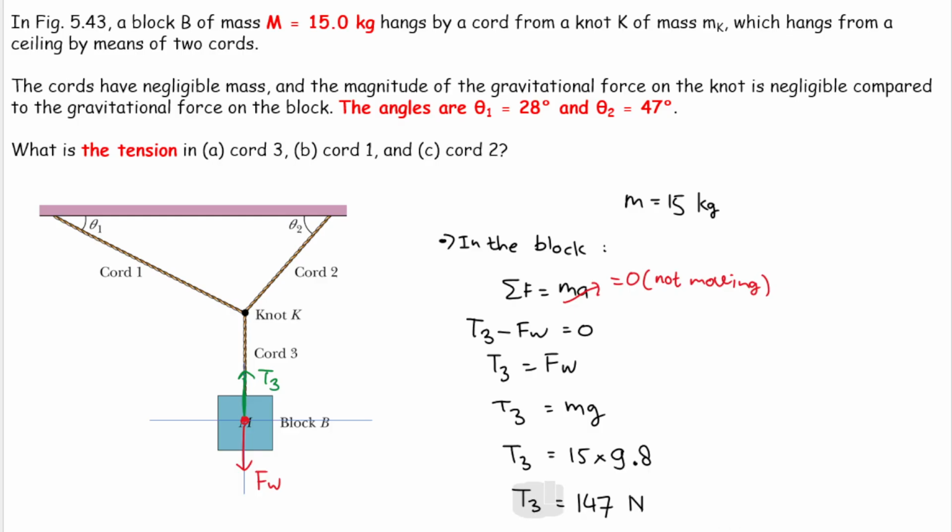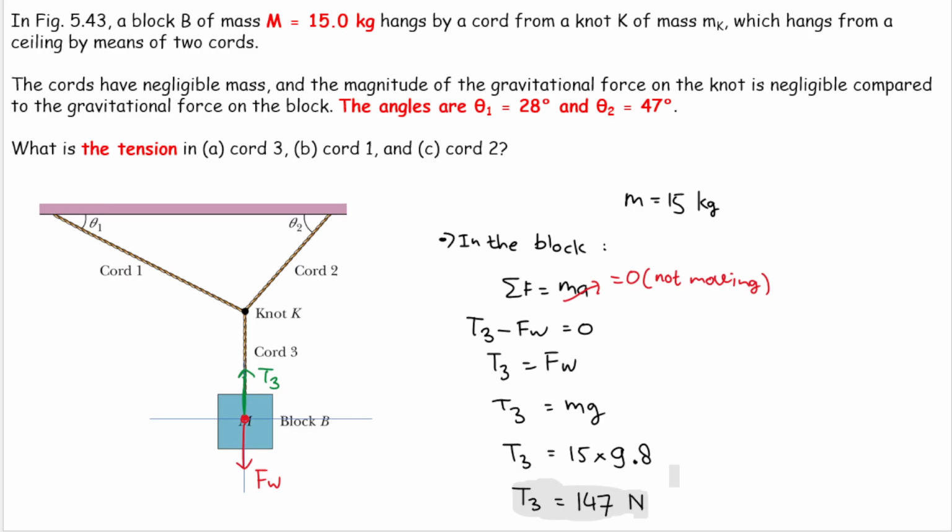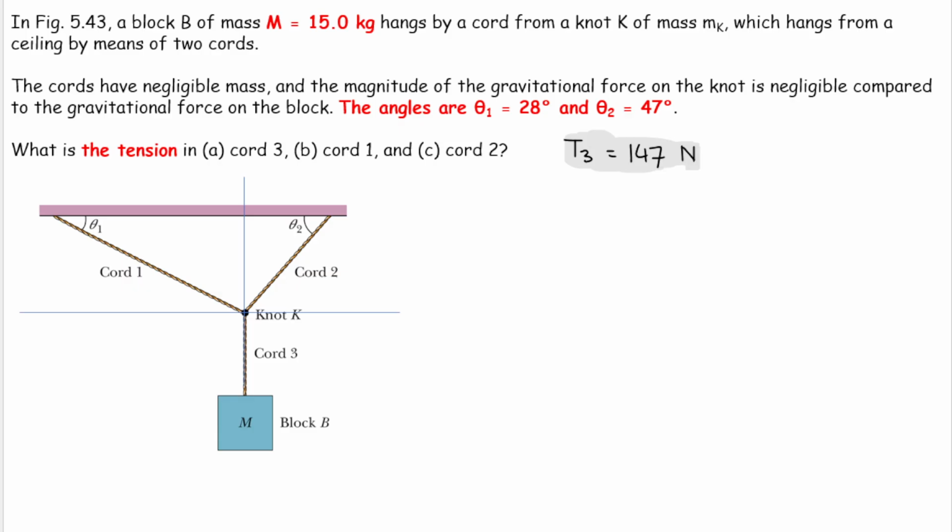Okay, and for the next question, we need to move this coordinate here into knot K. So first, let's erase this. For the next question, we need to move our point of view to the knot K. So we need to use Newton's second law, but this time at knot K. Here we have T3, but this time it is pulling this knot K down, right?